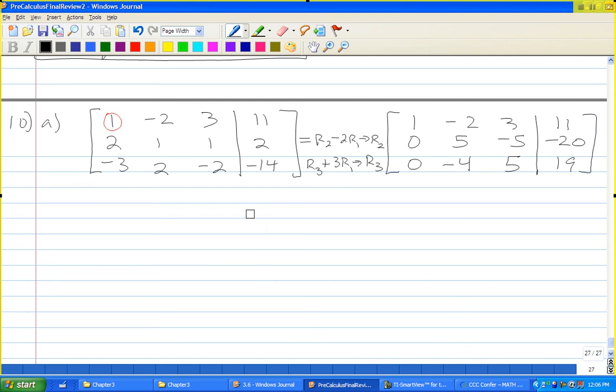Okay, so this is equal to 1, negative 2, 3, 11. Let's divide row 2 by 5: 0, 1, negative 1, negative 4. And then let's multiply by 4.